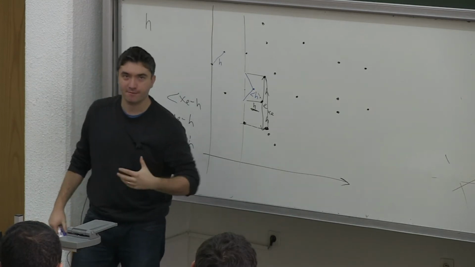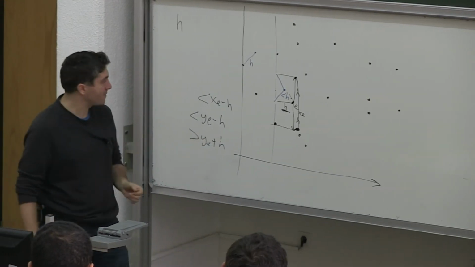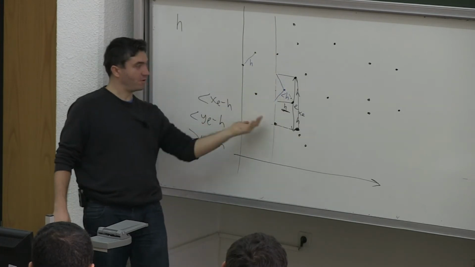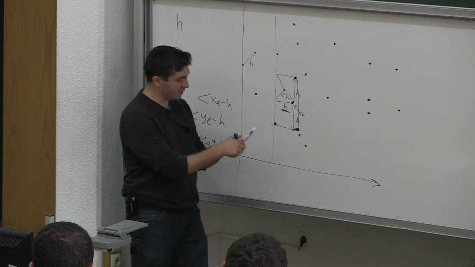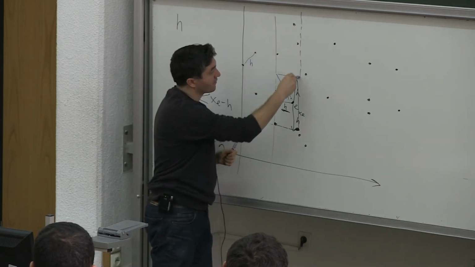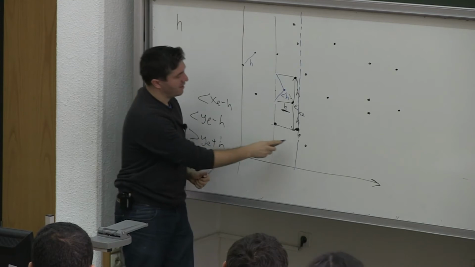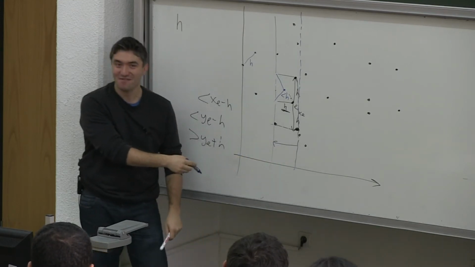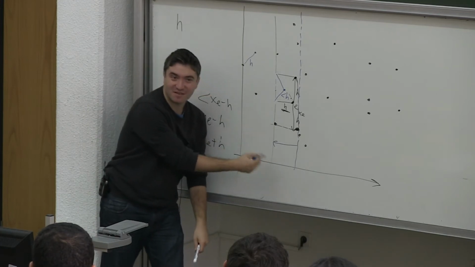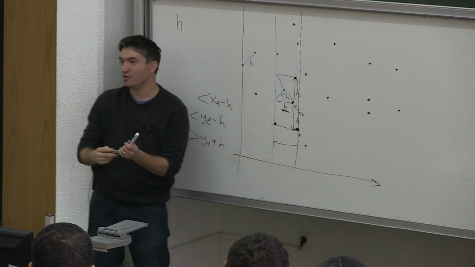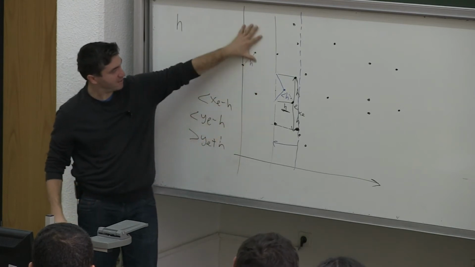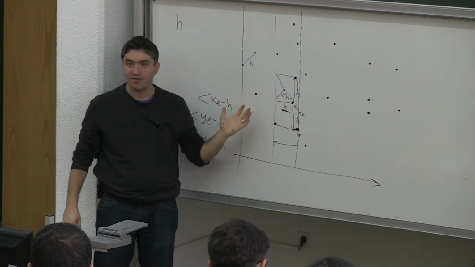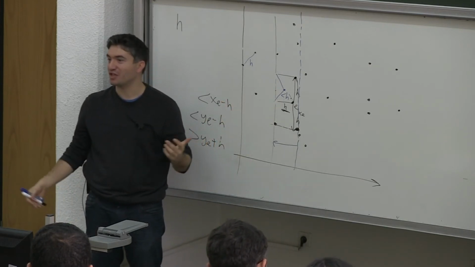But for more efficiency, what you can do is, for those points before this, so this is my sweep line, and the sweep line has another brother sweep line, you can say, which is coming h distance before it. The points before this region do not need to be in the search structure anymore.